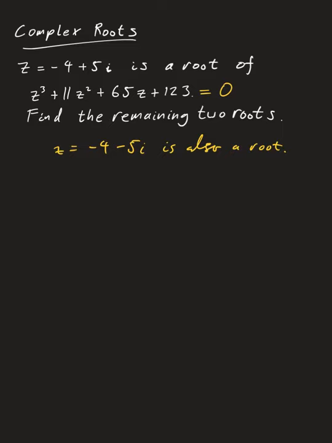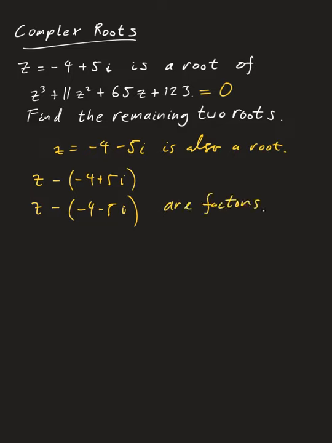If minus 4 plus 5i is a root, then this must be a factor of that polynomial. z minus (minus 4 plus 5i). That must be a factor. And also z minus (minus 4 minus 5i). So they must both be factors.